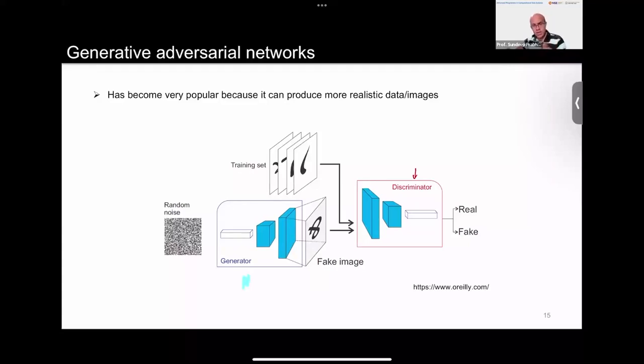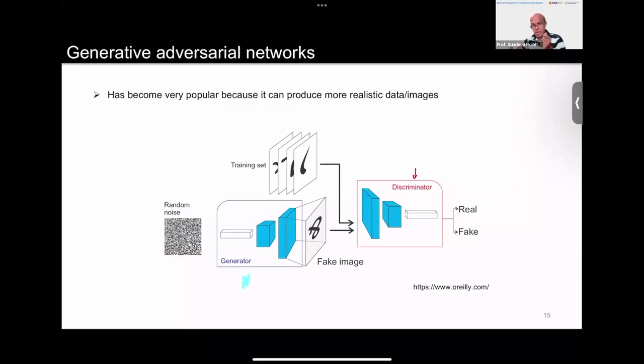So the generator is a neural network which takes random input and generates output. The output of the generator is, of course, a fake image. Now, the goal of the discriminator is to discriminate between the fake image that is generated by the generator and the one in the training set.